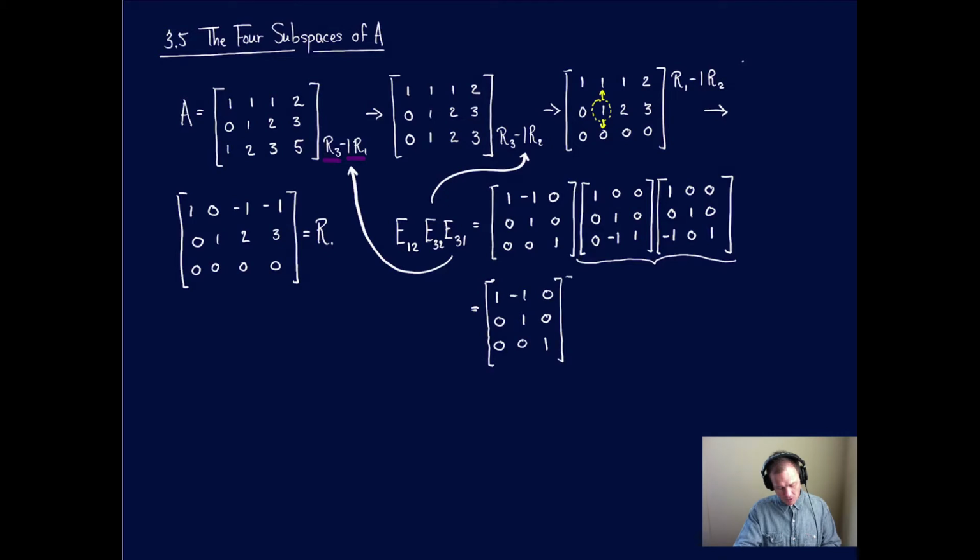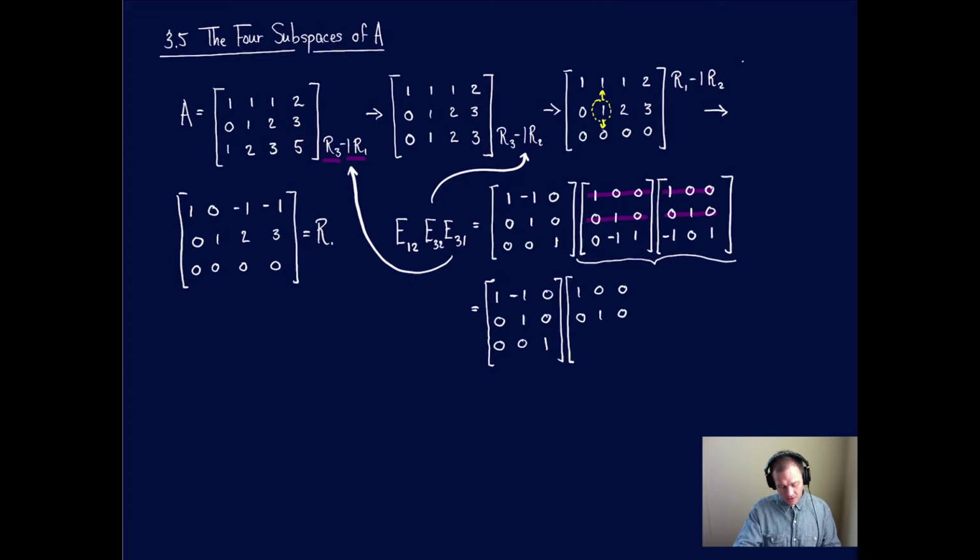All right, and let's multiply E32 and E31. So my first row, if I look here, is just a copy of the first row here. The second row is a copy of the second row. It's the third row that we're going to have to slow down on. You may be able to move right through that, but I'm going to have to be careful here. So my first two rows are just the first two rows of E31. So I have a 1, 0, 0, 0, 1, 0.